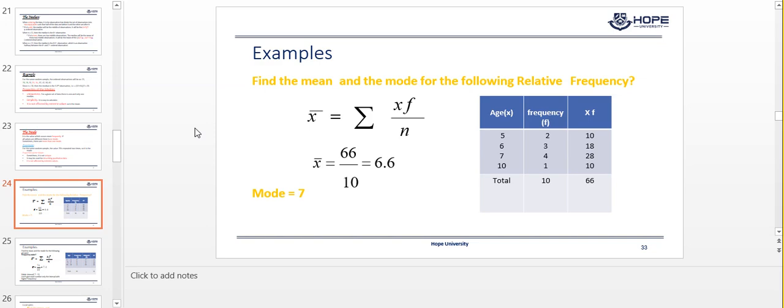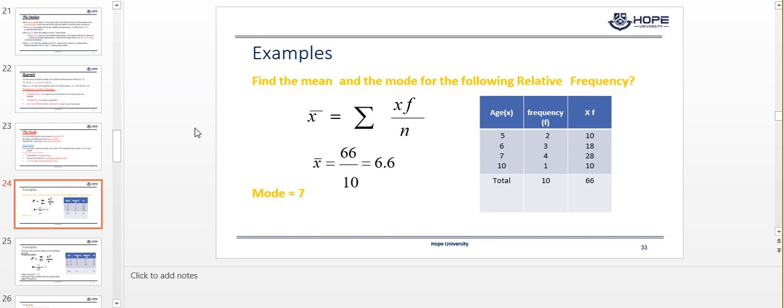For example, we have frequencies 10, 18, 28 up to 10, and the summation of fx is 66, divided by the total number, which is 10. So we have a mean of 6.6.